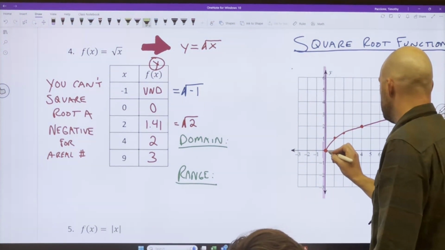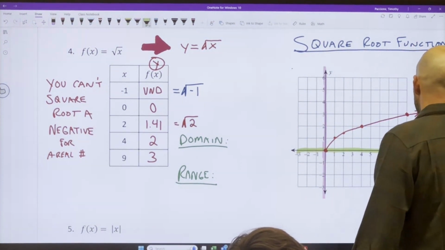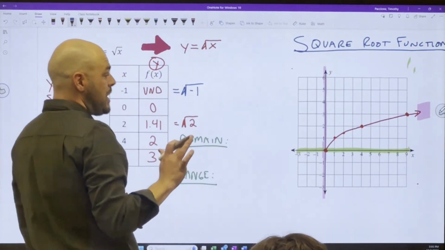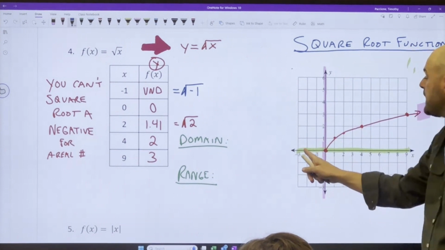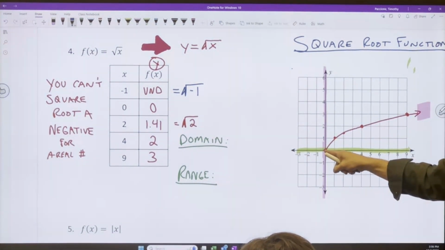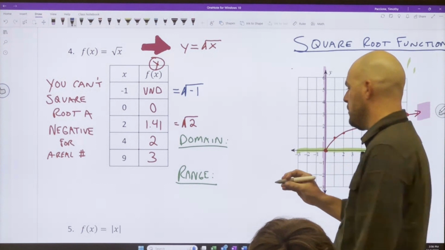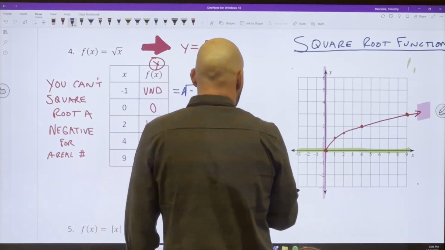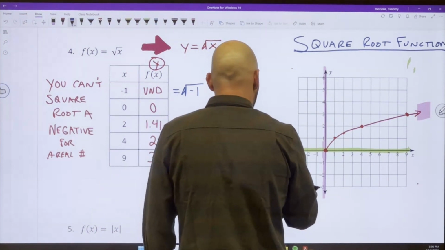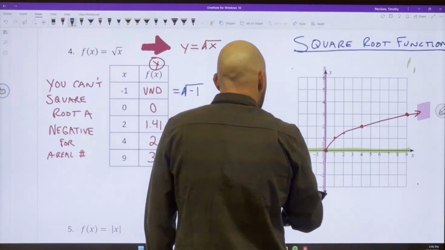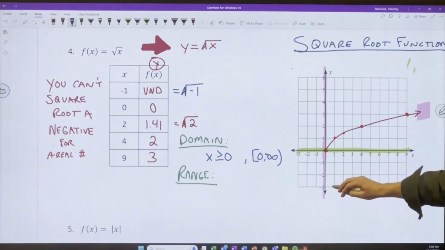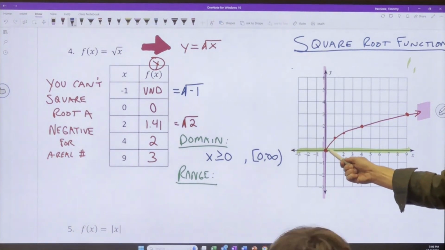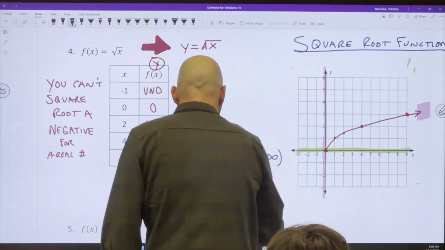Where do I see it? At 0. Is there any limit going this way? Nope. It goes forever. So, if I had to describe this to someone, I would say x can be anywhere from 0 to infinity, or x is greater than or equal to 0, right? We could also write it as [0, infinity). Coming from the bottom, if I had to describe the y, I'd say y can be anywhere from 0 to infinity. So y is greater than or equal to 0.